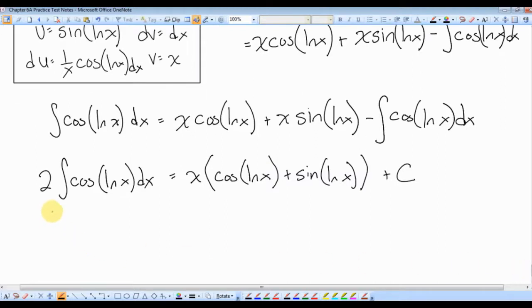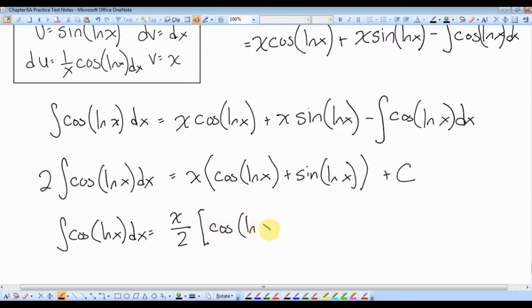Divide by 2, and we get 1/2, right? All right, so that means that the antiderivative of cosine log x dx equals x over 2 times cosine log x plus sine of log x. Hey, what's constant divided by 2?